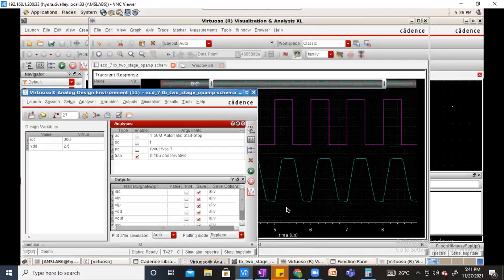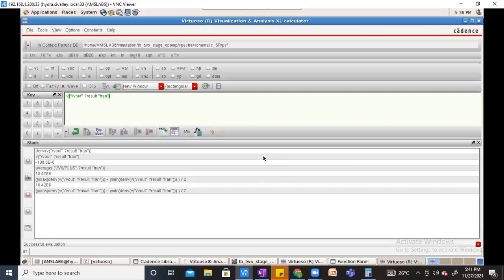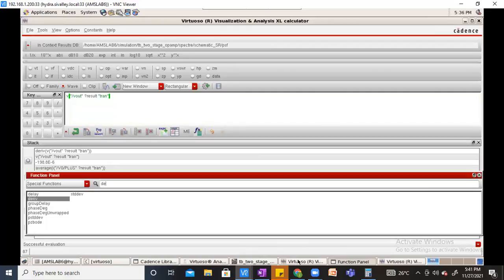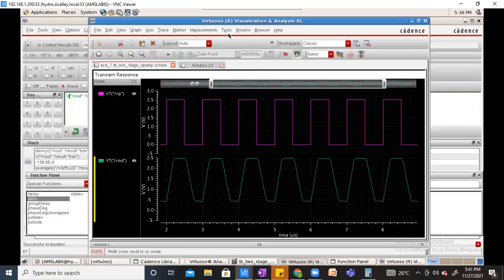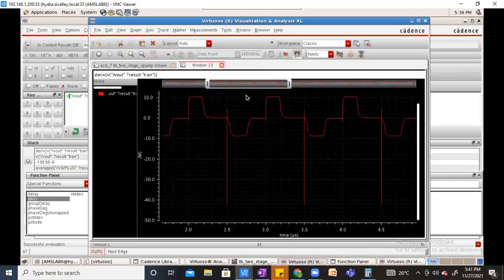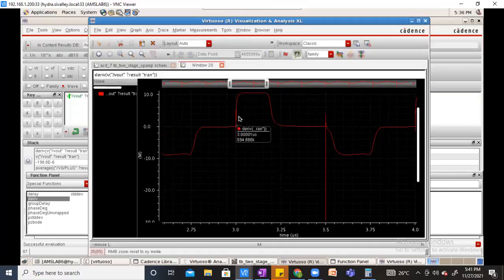Anyways, this is how we calculate the slew rate. This is a positive slew rate. This is negative slew rate. Negative is 8.788, that is 8.8. Positive is 10.5. So 8.8 plus 10.5 by 2 is your total slew rate.